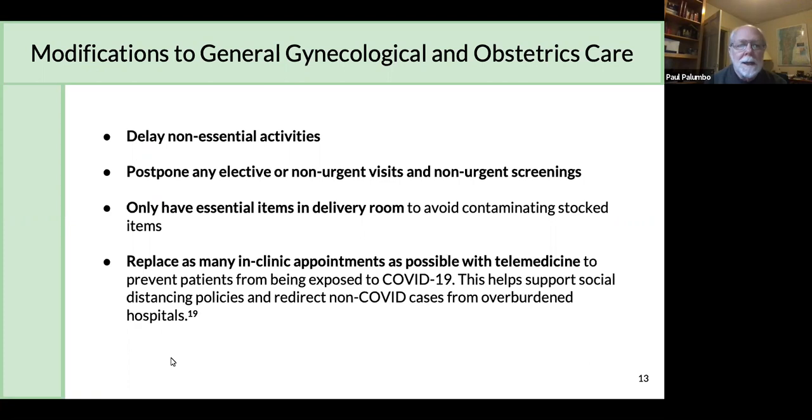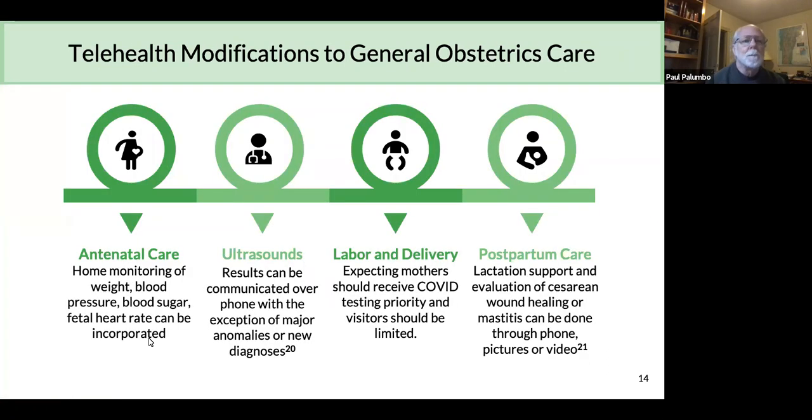We can replace as many in-clinic appointments as possible with telemedicine, which has become very popular for general care, for OB/GYN care, and for care of COVID-19 infected individuals. Next slide, Ann. So let's get a little bit into telehealth. Antenatal care, we can do home monitoring of obstetric factors like weight and blood pressure and blood sugar.